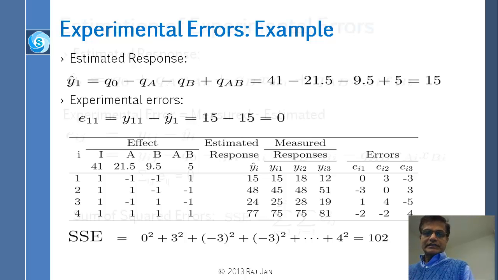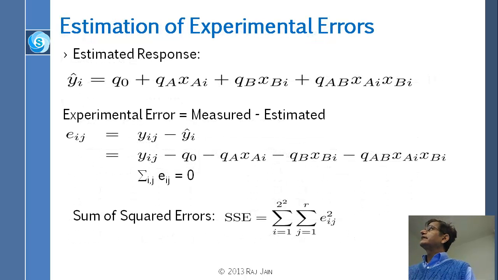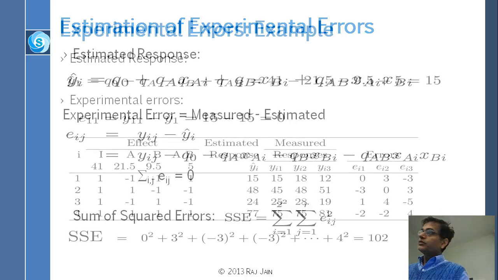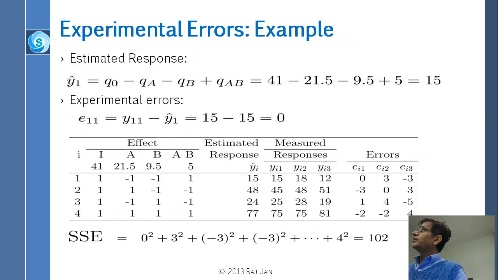So let me just say this. If you assume a linear model like this, then the values of q's that will minimize the sum of squared error is that. If you change the model to something different, which we will see in a minute too, different kinds of models. But if you keep this kind of model, then your best bet is to use these values of q's that we calculated, and this is the minimum squared errors you will get.